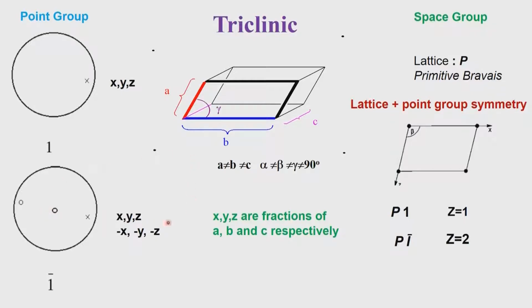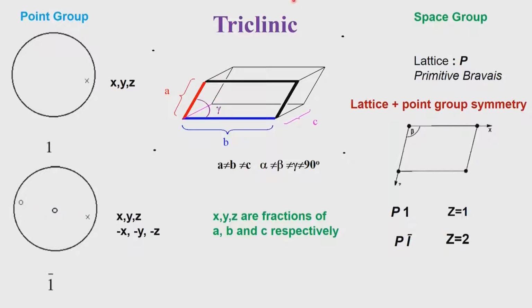So, therefore, there will be 2 objects here, and that is why we say this system has 2 molecules or 2 units of repeat which are in the so called asymmetric unit of the unit cell.